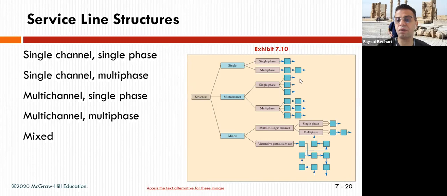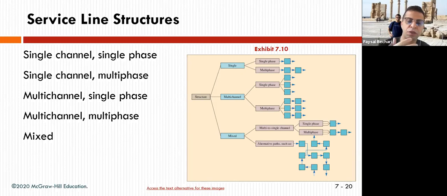Multiple channels and single phase looks like that. When you go and there are 5 cash registers and 5 people spread out there, they go in. Then you have multiple channel, with 5 cash registers, but people are waiting in each. You need to look also at the mix of these things.